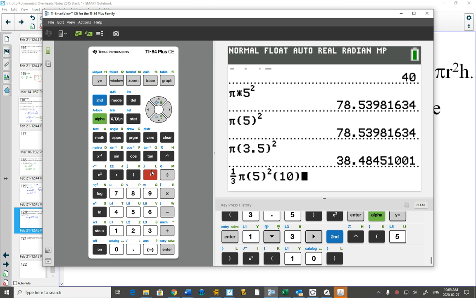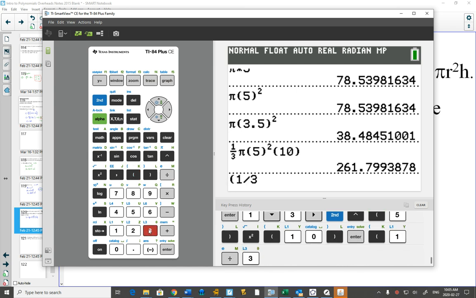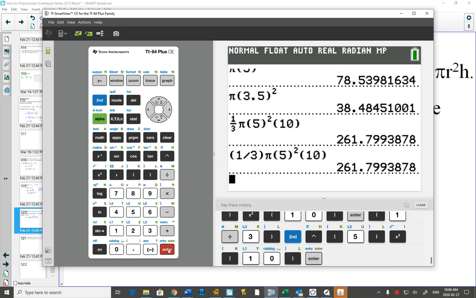Once you realize you can type in the whole thing, and each calculator is a little bit different, so I'm going to say that I have the ability on my calculator to make the 1/3 look like that. Some of you don't, so then if you have fractions, you could put your fraction as 1 divided by 3 and just put it in brackets. And then you could do all of the other stuff, pi, bracket 5, bracket squared, bracket 10. This will give you the same answer.